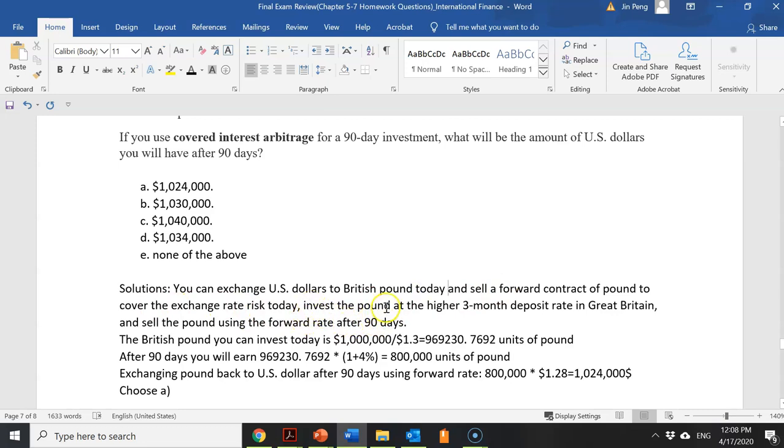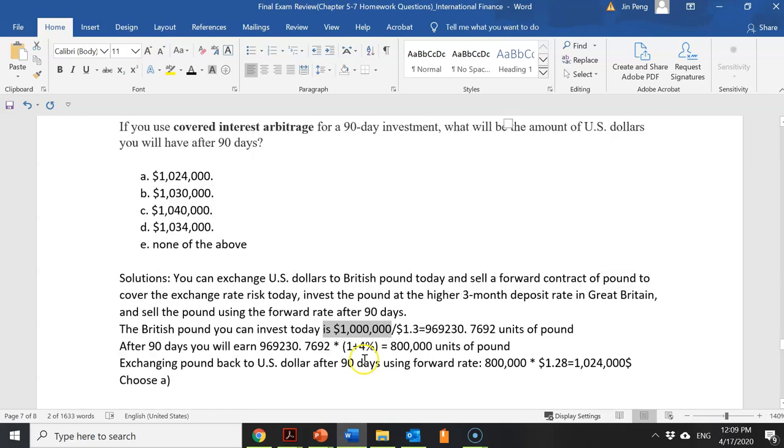Invest the pound at the higher 3-month deposit rate in Great Britain and sell the pound using the forward rate after 90 days. Okay, so today again you can exchange US dollars to British pounds, and the British pounds you can invest in today come from this 1 million US dollars you have today.